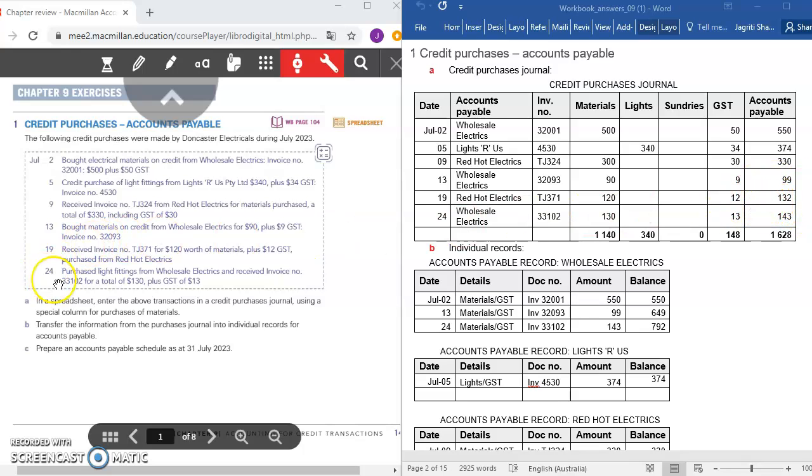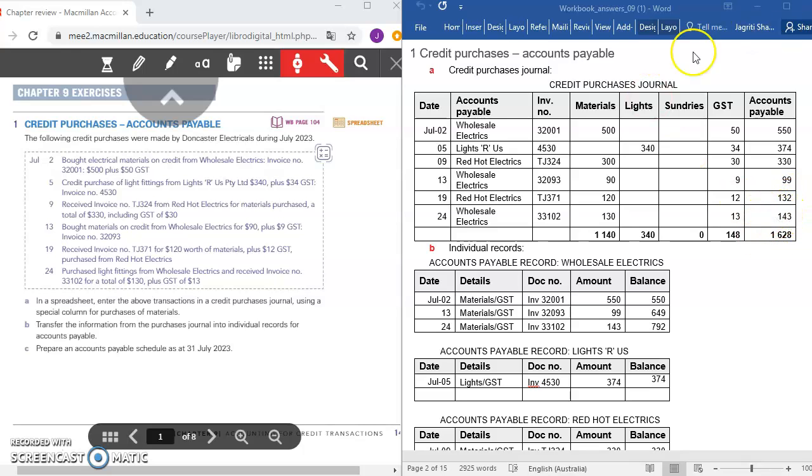Now last one is July 24th, purchased light fittings from Wholesale Electrics and received invoice number 33102 for a total of $130 plus GST of $13. Okay, again Wholesale Electrics here, invoice number here, $130, and then you've got the GST for $13, and your total accounts payable for Wholesale Electrics is $143.